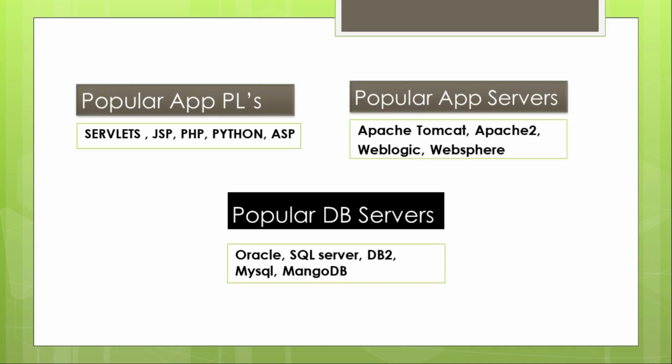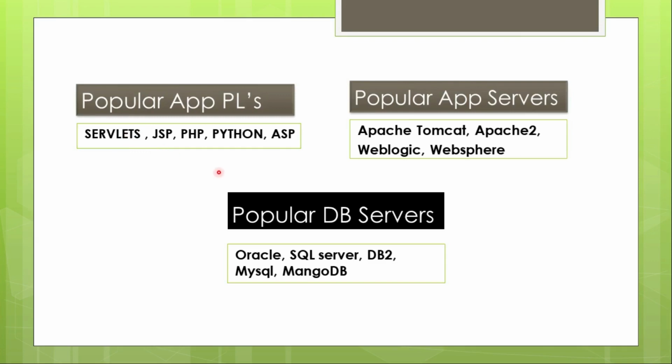Now, other than the software tools and languages that I have discussed so far, we'll also see some other popular applications and programming languages that are available. As an alternative to Java, we have some other programming languages for application programming. The popular ones are Java Servlets and JSP. I'll be using Servlets and JSP as part of this online tutorial because it's a Java tutorial.